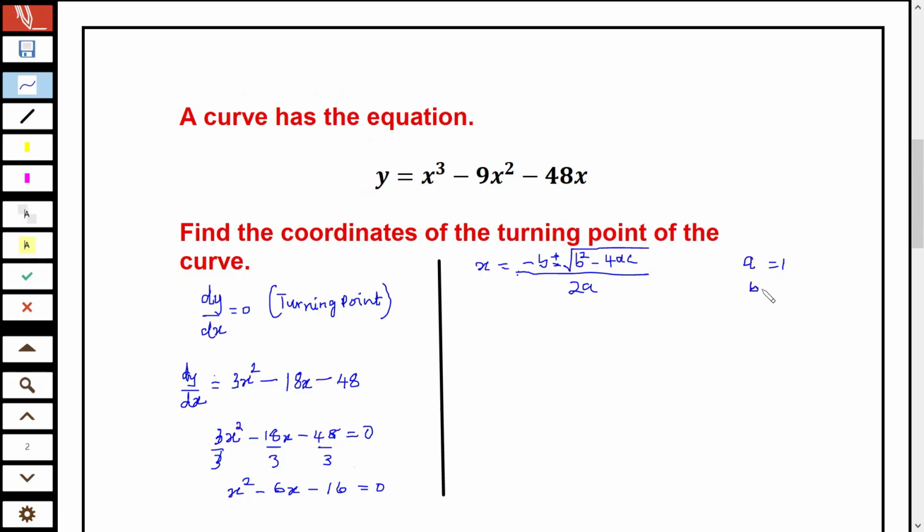The value of b will be the coefficient of x, and that's -6. And then we have c to be the constant, -16. So I'm now going to substitute these values into the quadratic formula.